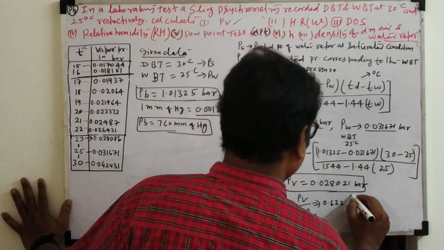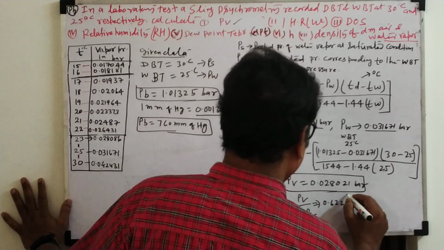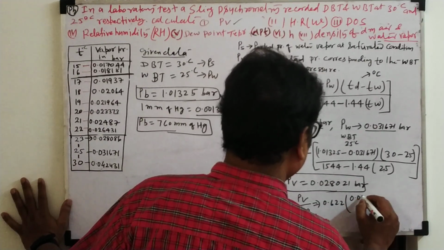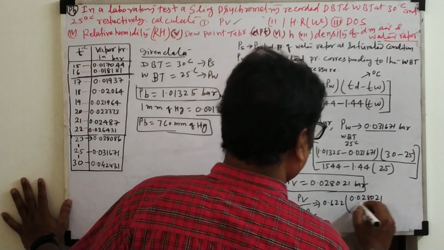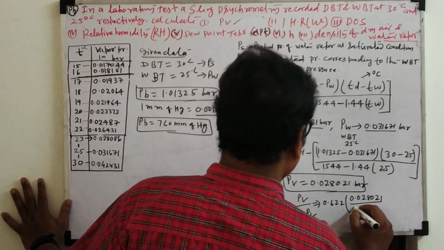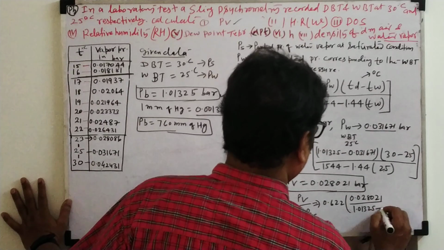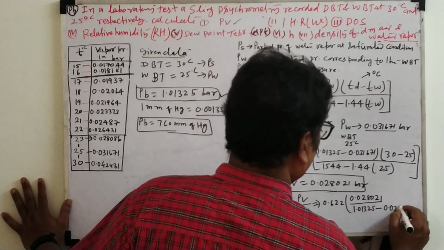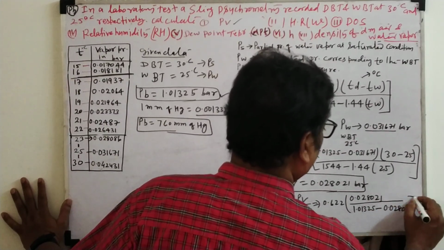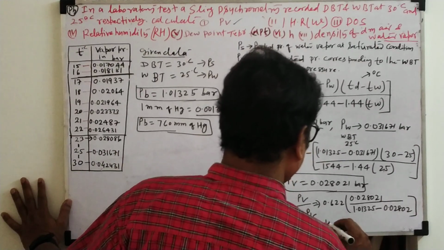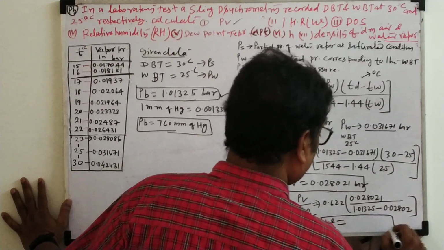That implies 0.622 into the PV value, 0.02821, divided by PB, 1.01325 minus 0.02802. This is the value. Once we calculate W, you will get some value.